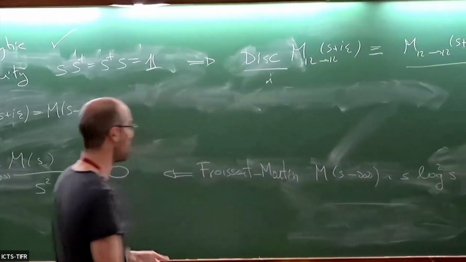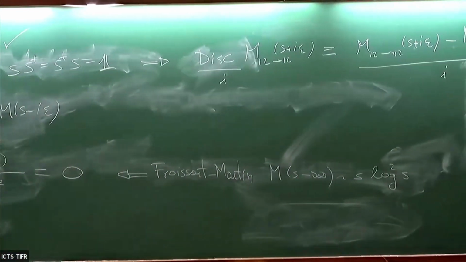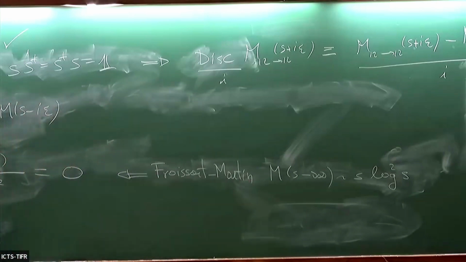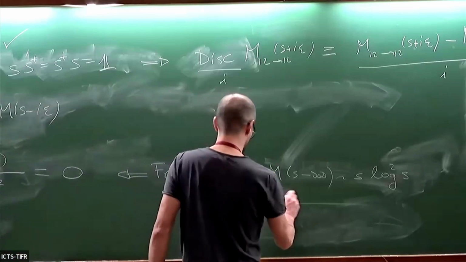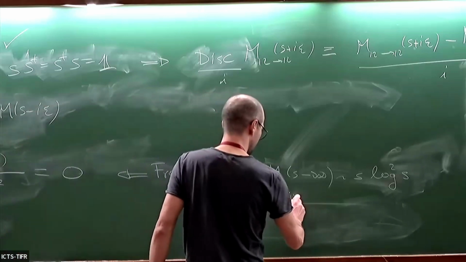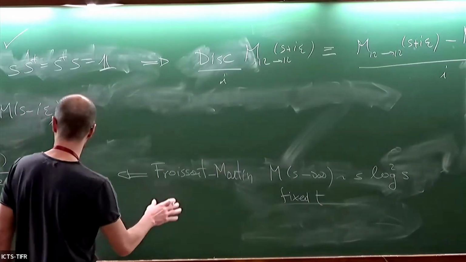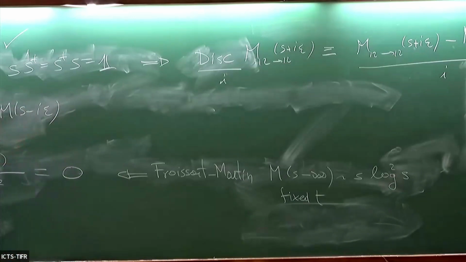So in particular, less than s squared. We will need less than this, and at fixed t, by the way. In our case, t equals 0, fixed.